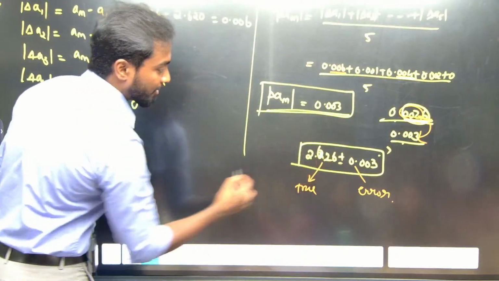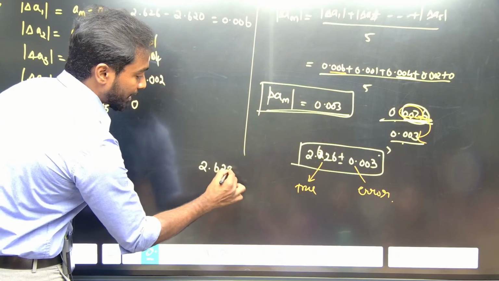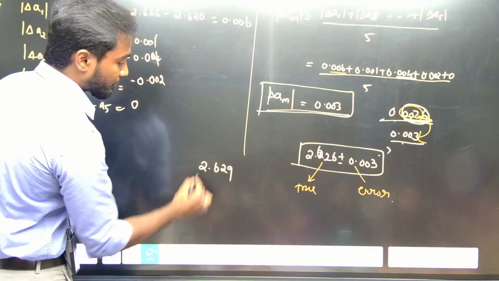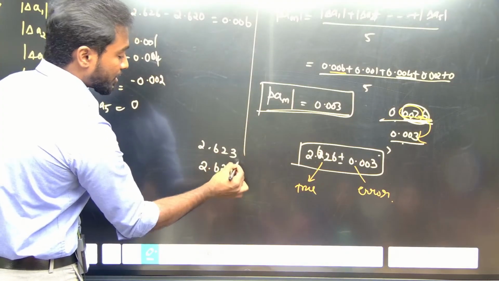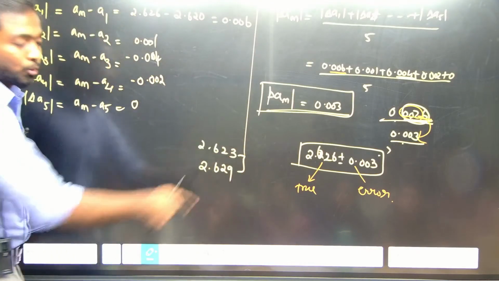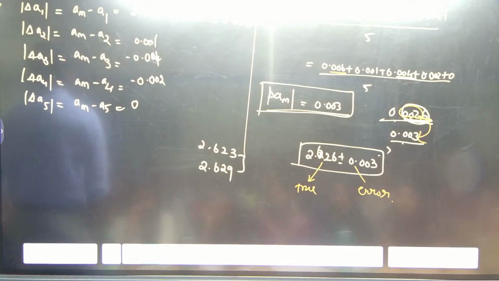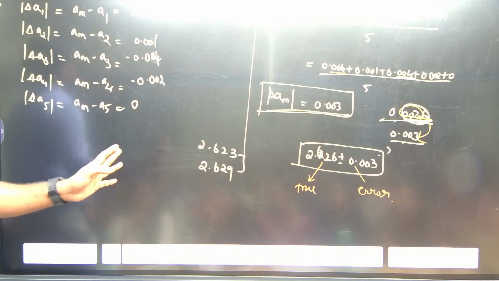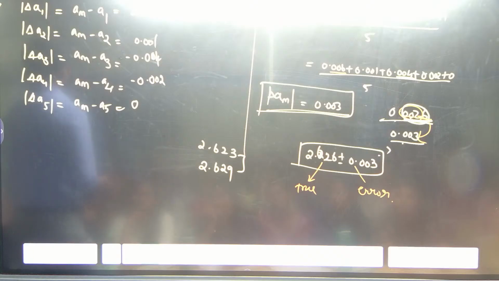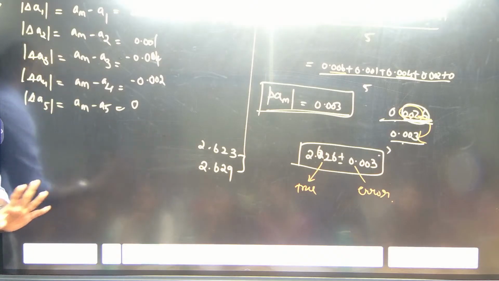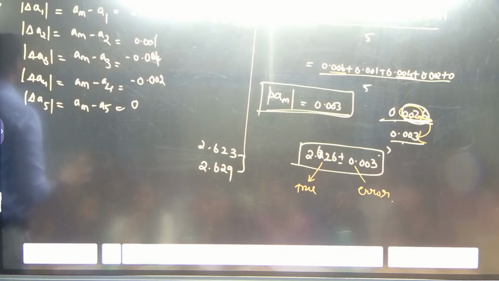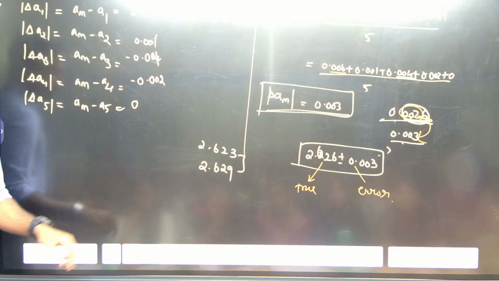If I consider only plus, it is 2.629. If I consider minus, 2.623. So the value of the given measurement will be in between these two values. Any value that is not included in this is not allowed. Any doubt here?